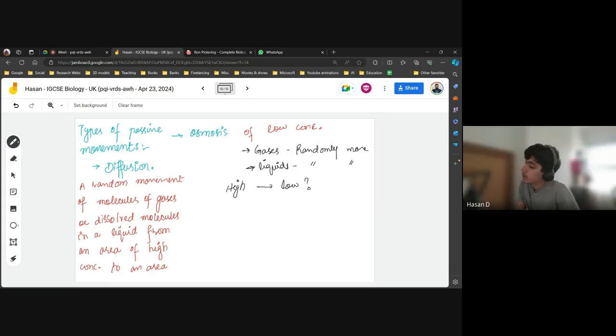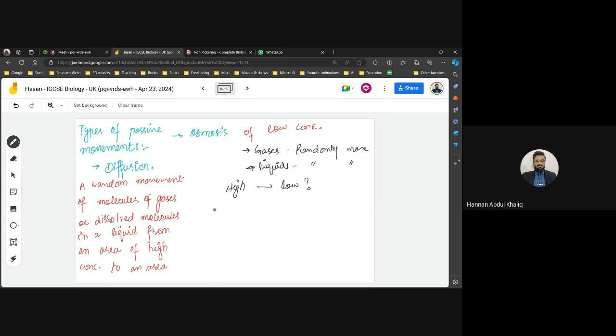Because the low area needs it more than the high area. Simply saying, suppose that I have this particular region. Under the word high, I am drawing many different circles representing the molecules. These are the molecules.